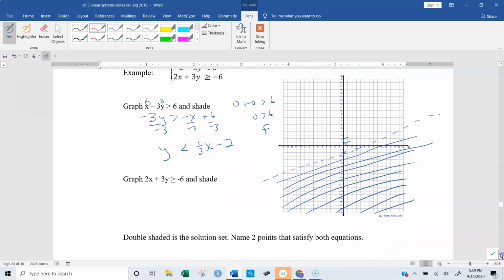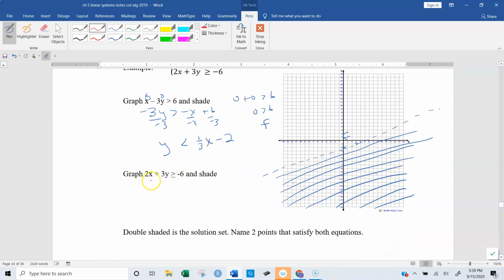There we go. All right, so now you want to do intercept graphing, or let's do intercept just for fun. We're going to let x equal 0. So if x is 0, so this guy goes away, we get 3y is greater than or equal to -6. So y is greater than or equal to -2. So I'm going to go to -2 on y and put my dot, same spot. Now I'm going to let y equal 0, so I'm finding my x-intercept. So this time the 3y goes away, and we get 2x is greater than or equal to -6.